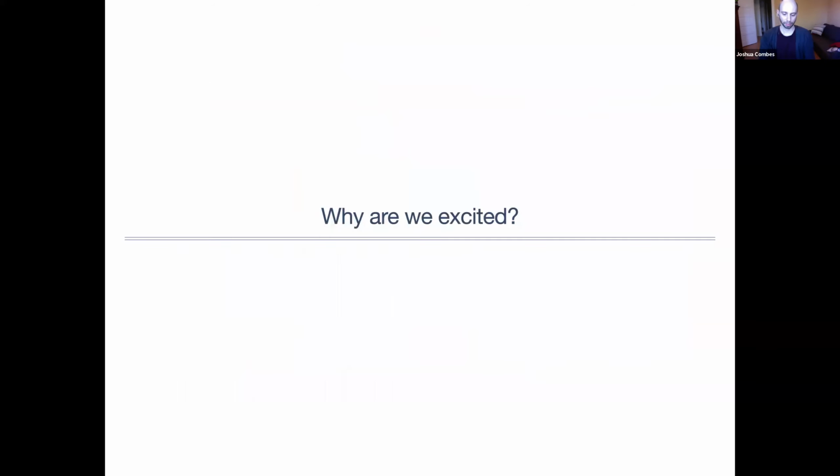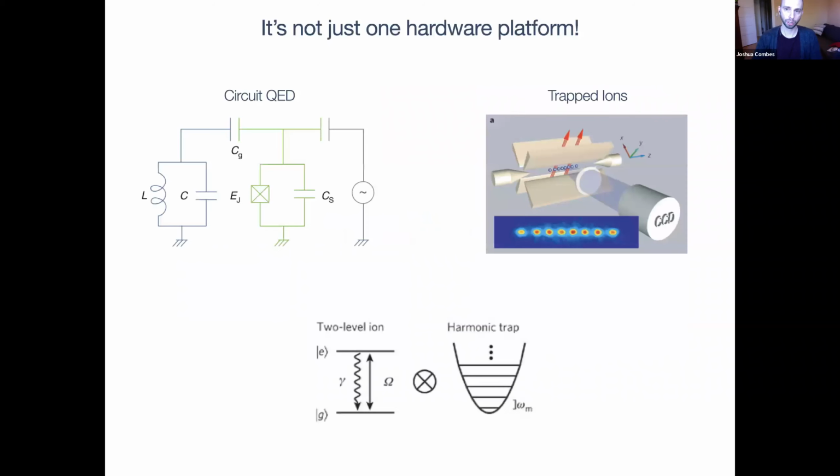The reason why, at least in this section, I want to tell you why everyone is excited about this area, and perhaps some reasons why you might be convinced to work on it.